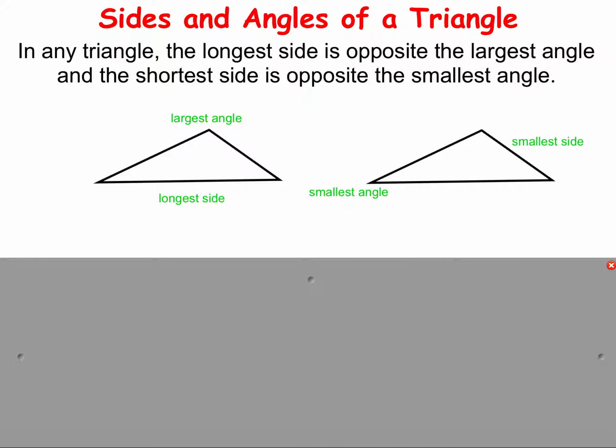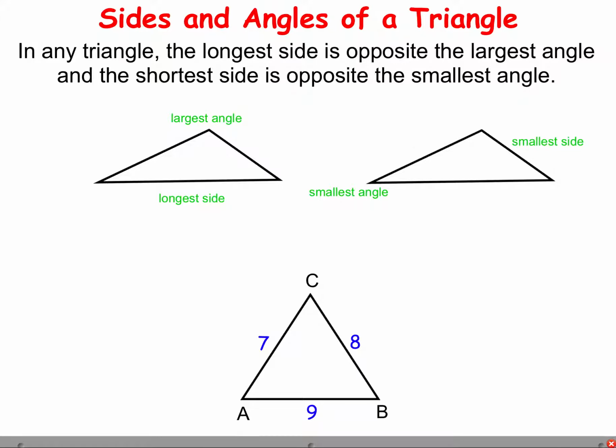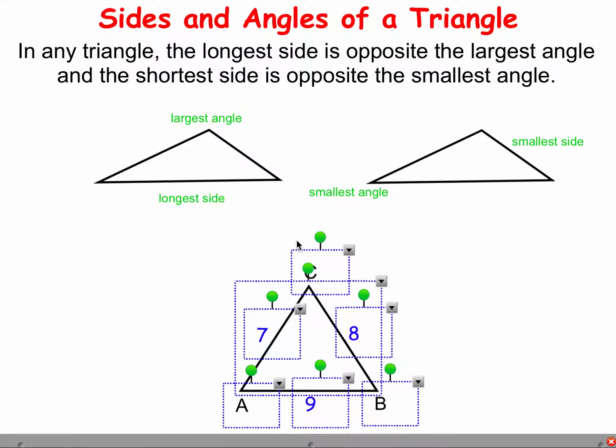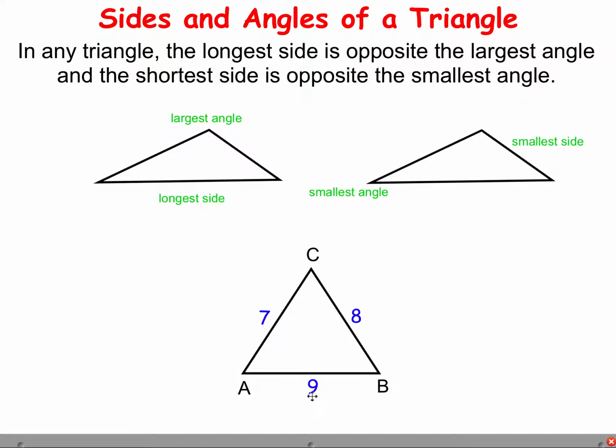So if we're looking at an explicit example, here what we have is a triangle. Hang on, I'm going to move this up a little bit. A triangle with side lengths of 9, 8, and 7. We can't know exactly what the angles are going to be, but what we will know is which angle will be the biggest and which one will be the smallest. So if we're looking at this triangle, since 9 is the longest side, the angle opposite of that will be the biggest.